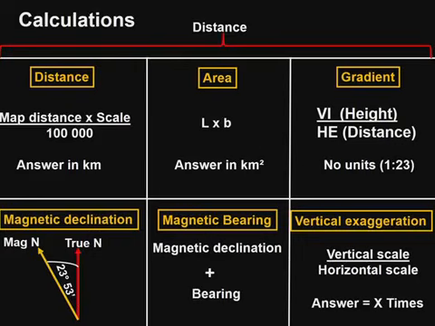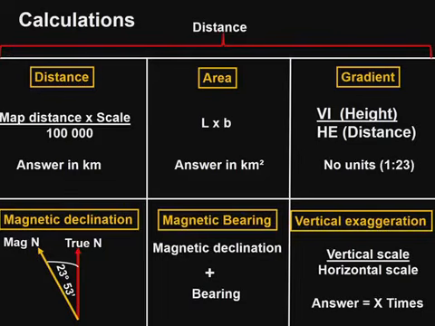Magnetic declination. Magnetic bearing, that is magnetic declination plus bearing. And of course, your vertical exaggeration, which is the vertical scale divided by the horizontal scale. Your answer here will be so many times, X times, the one scale larger than the other one. Okay, but let's have a look at this slide again.